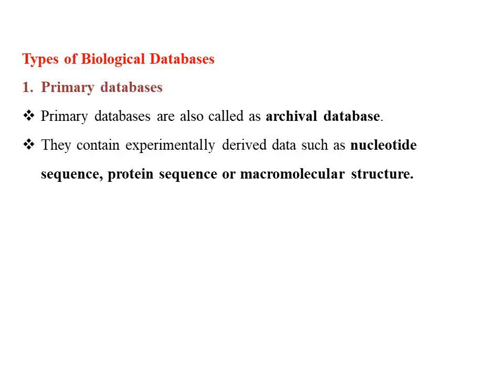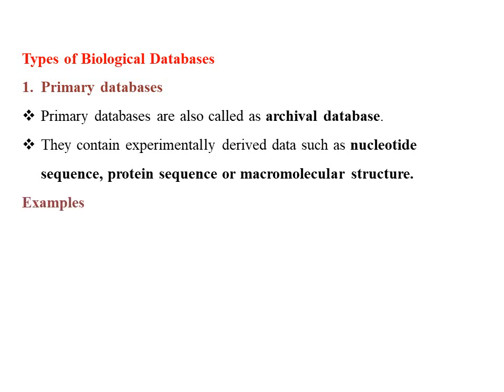The experimental results are submitted directly into the databases by the researchers, and the data are essentially archived in nature. Once the data are given in a primary database, they can never be changed from the part of the scientific records.